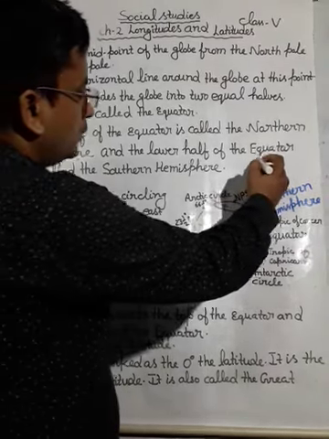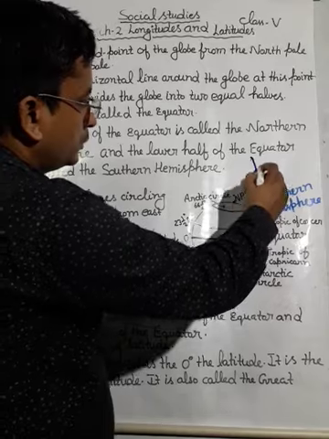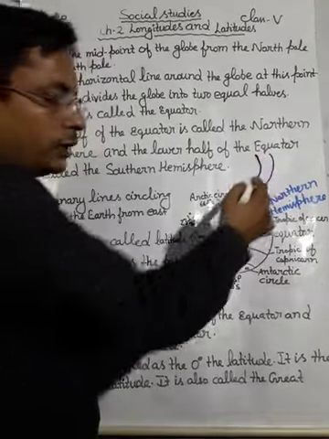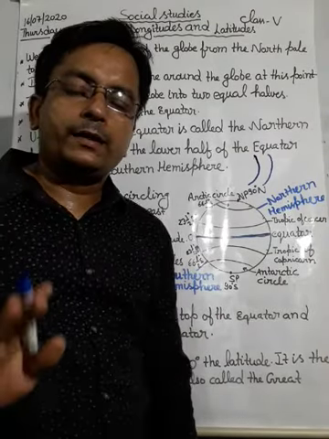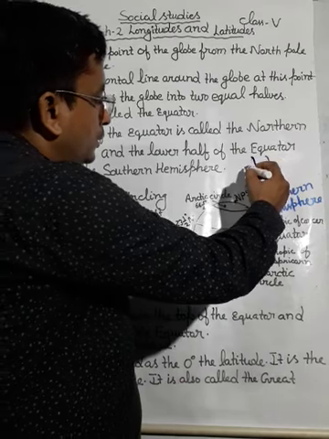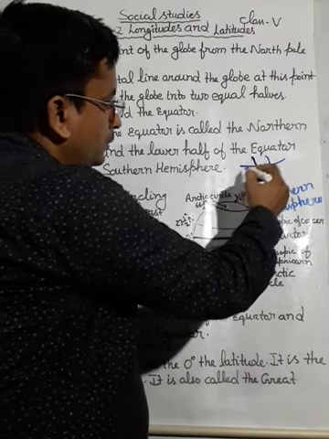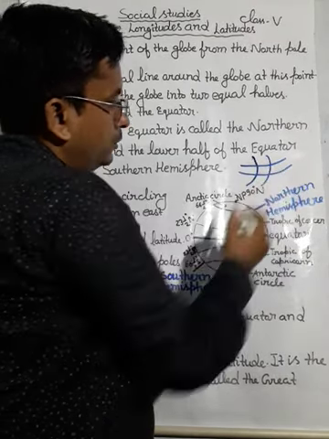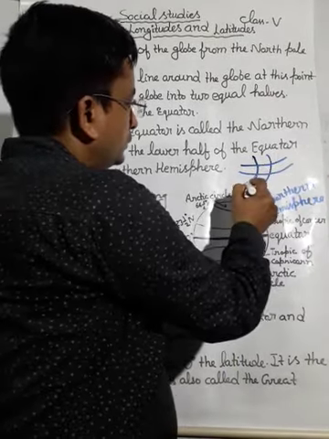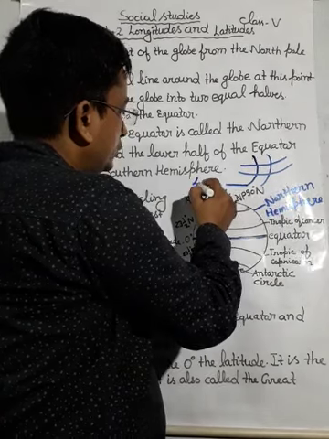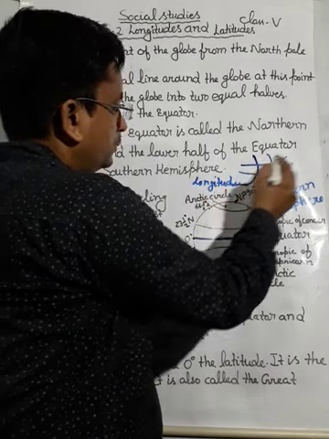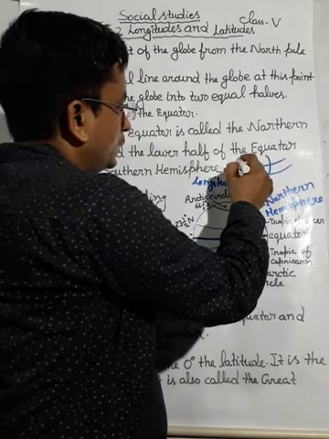You can see here, this is the vertical line that we draw on the globe, this is longitude, and these lines are lines of latitude.